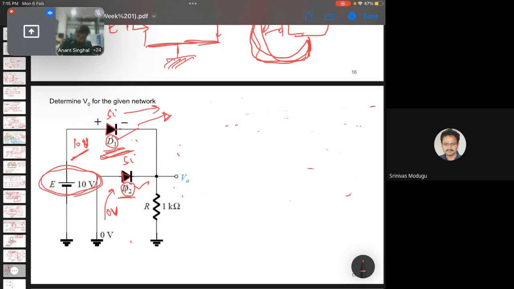So there is no possibility of it getting forward biased unless this V0 is at some negative value. So seeing the question, we'll assume that D1 is in forward bias and D2 is in reverse bias, and we'll prove whether this assumption of ours was correct.